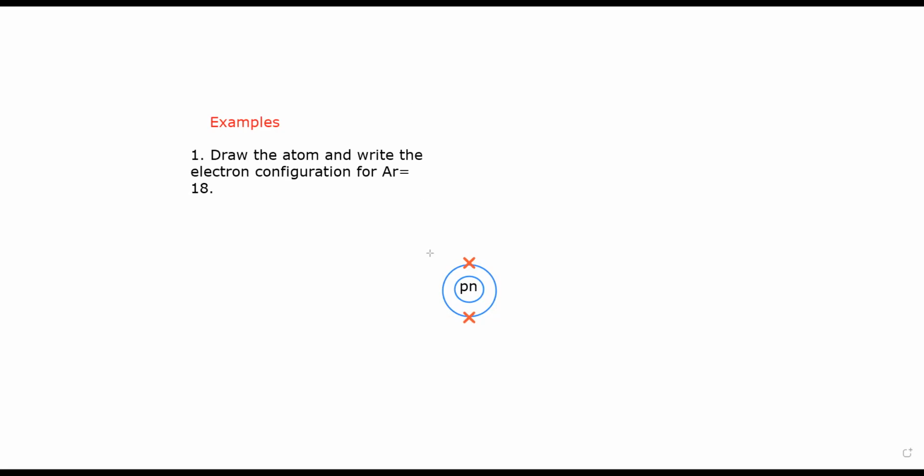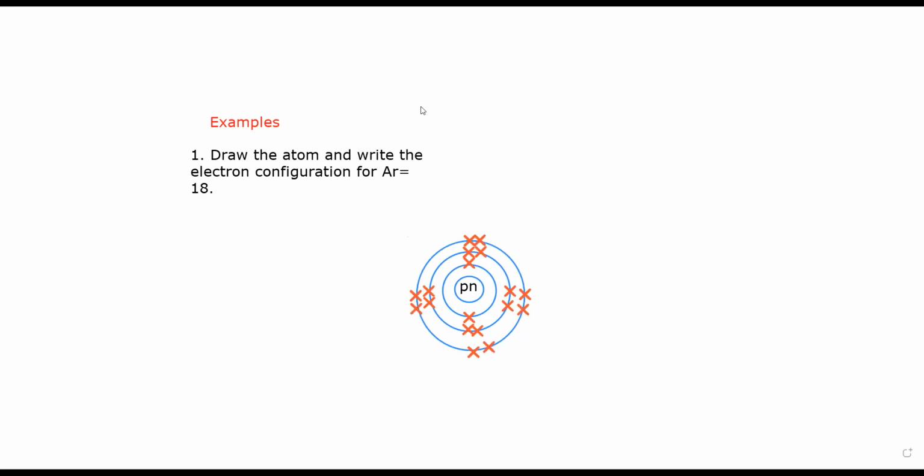My first shell is filled, so I go on to my second shell, which will hold a maximum of 8 electrons. 1, 2, 3, 4, 5, 6, 7, 8. 8 and 2 gives me 10. I have 8 more to go. My second shell is filled. So I need to go on to my third shell now. 1, 2, 3, 4, 5, 6, 7, 8.